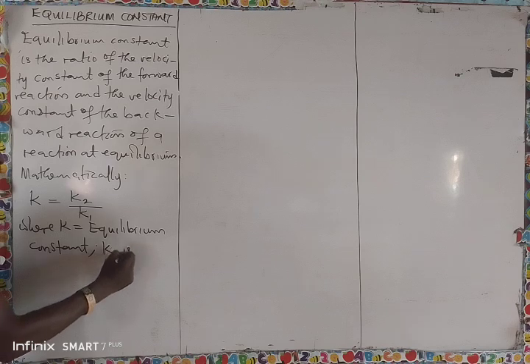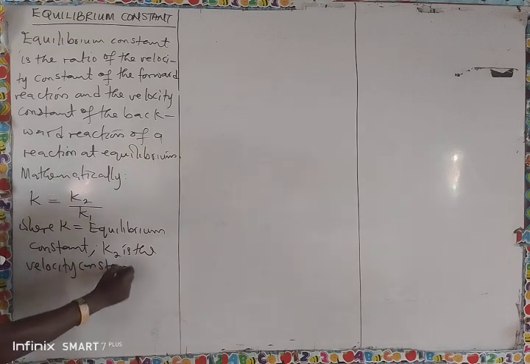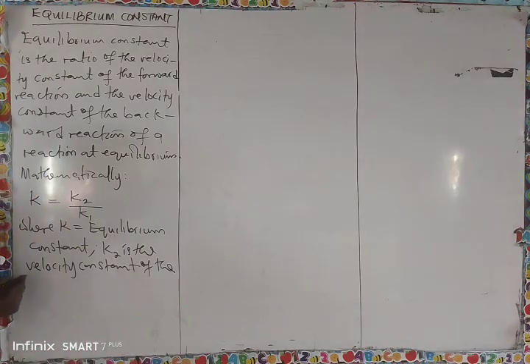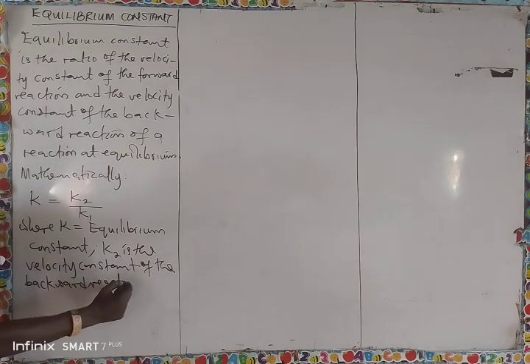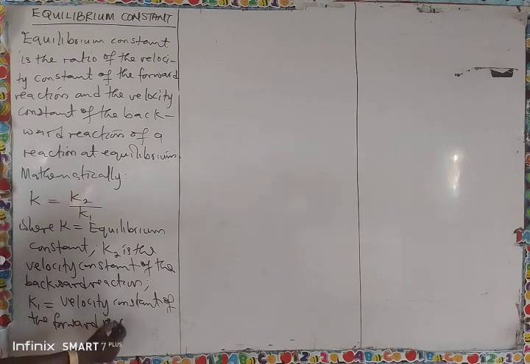K2 is the velocity constant of the backward reaction, and K1 is the velocity constant of the forward reaction.